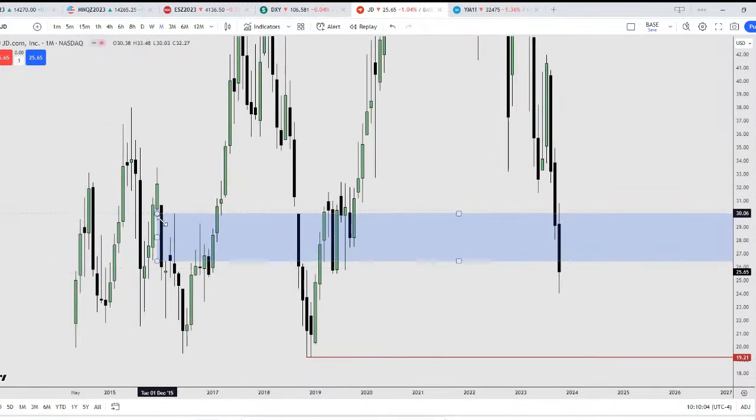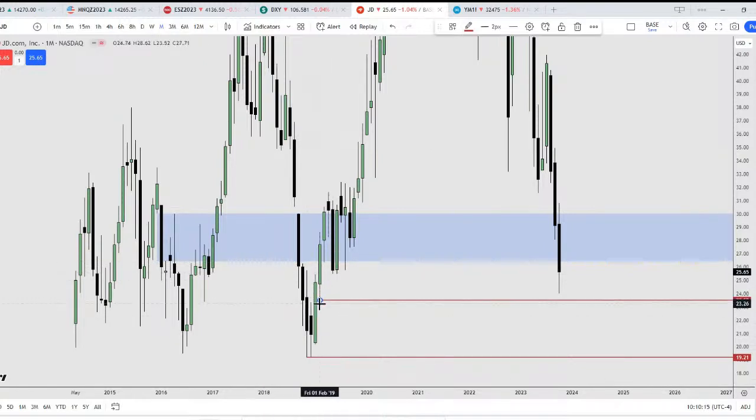This BPR closing below here is going to spell doom and gloom for JD. Near term objectives, I'm looking at this low here at 23.52, and the eventual target would be 19.21.